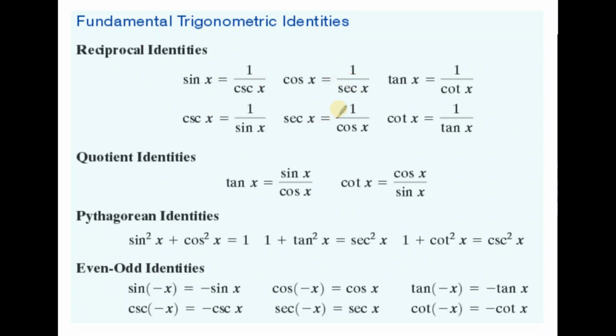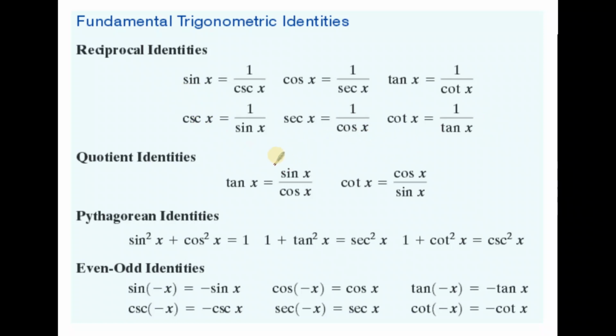Cosine is 1 over secant, and secant is 1 over cosine. So these are the reciprocal identities. We have tangent as 1 over cotangent, and cotangent is 1 over tangent. And again, you can obtain these by just flipping your values and finding the reciprocal, and that will give you the reciprocal identity.